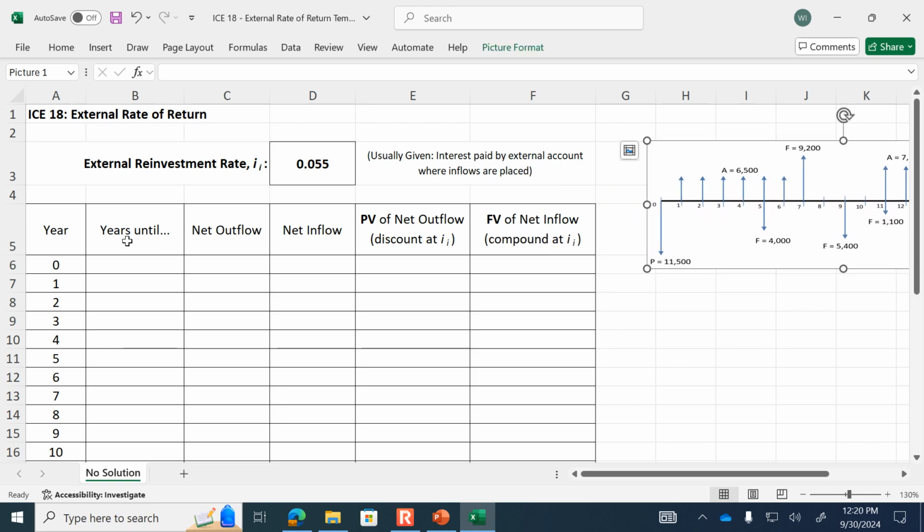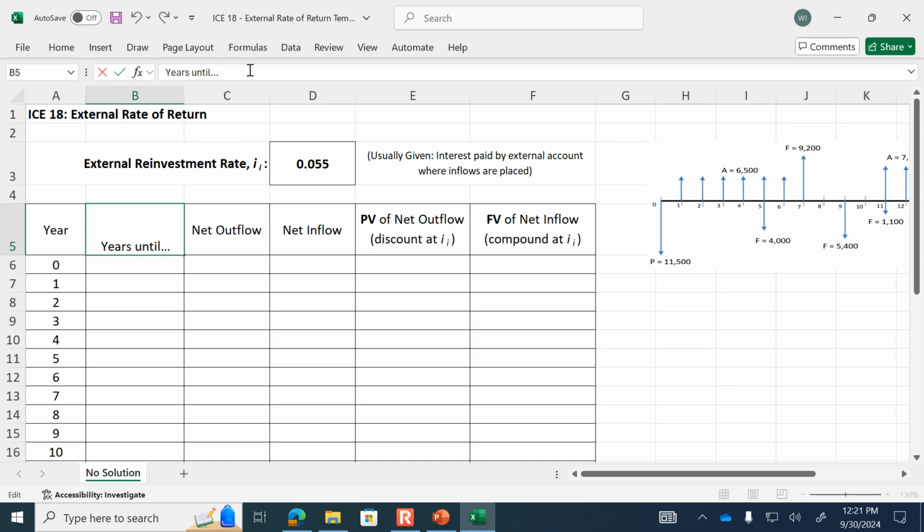So we've got that reverse time column because we're going to be taking the inflows to the future. So we'll need to have this years until year 13 column, so equals 13 minus whatever year we're in.